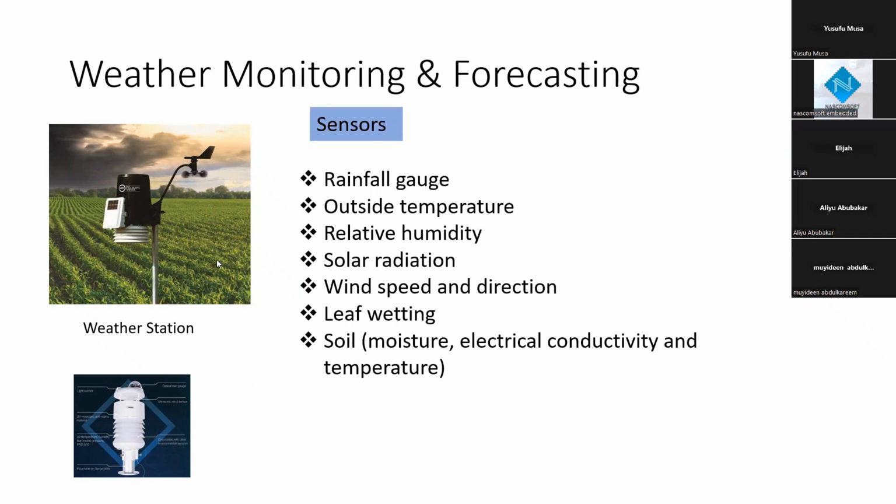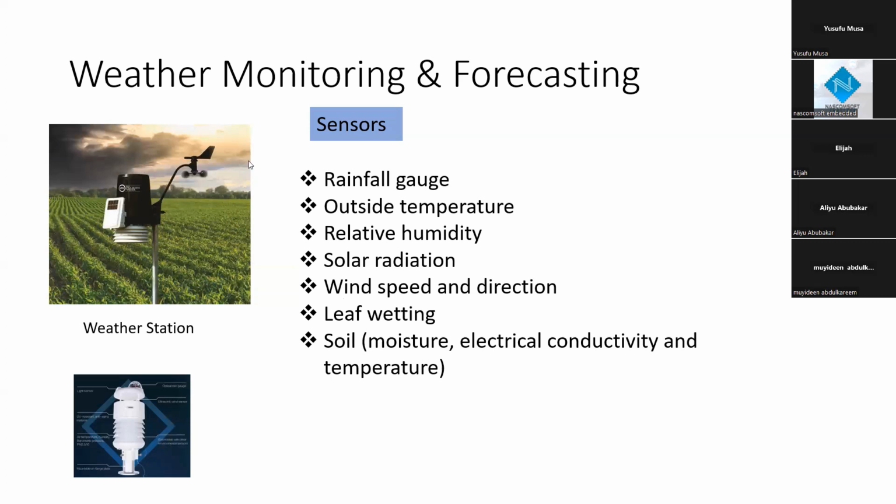So with these sensors, you can take data over time, and based on your recorded data, you can analyze and also forecast. But the good thing is, we have a lot of weather forecasting stations now online, so you can also use that if you have access to the internet in your farm. Or you can deploy yours, maybe just buy and install.